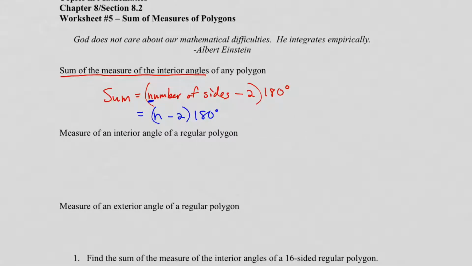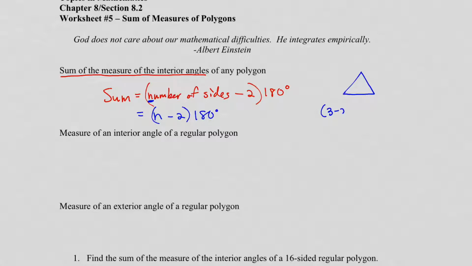Okay. So, I'm going to prove this with the triangle because that's what we've worked with so far. And it doesn't matter which one we use. Let me just use the equilateral. Okay, it's got 3 sides.